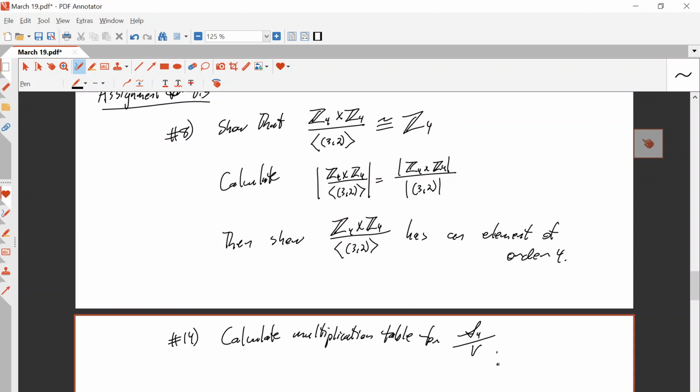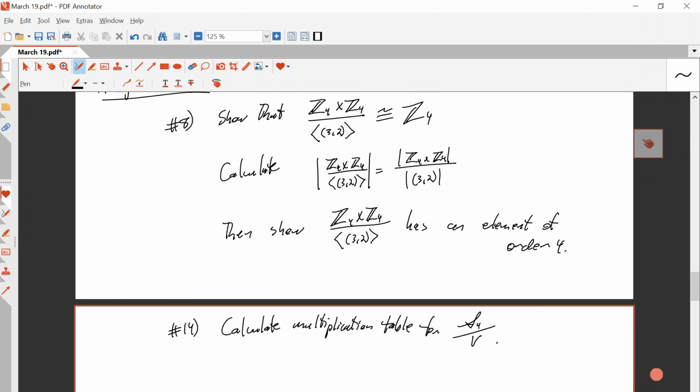S4 has order 24, this has order 4, so 24 over 4 is 6. So that's going to be a group of order 6, and you're just going to calculate the multiplication table for it.